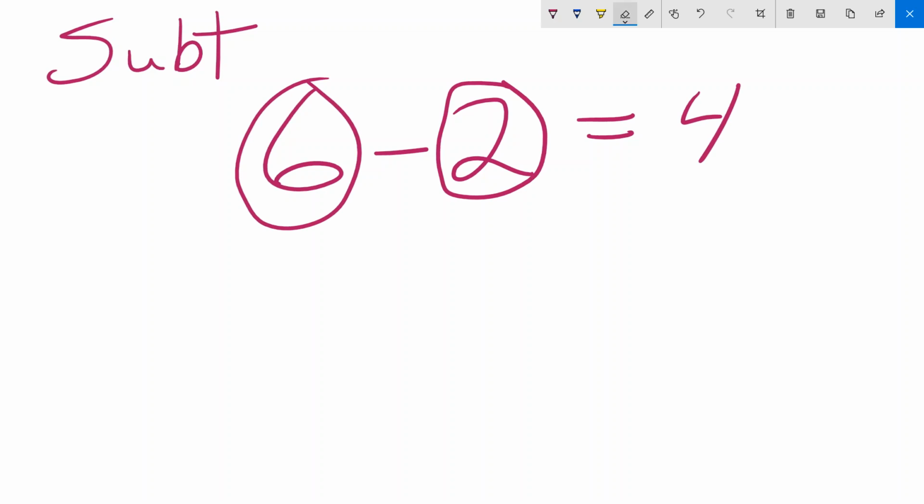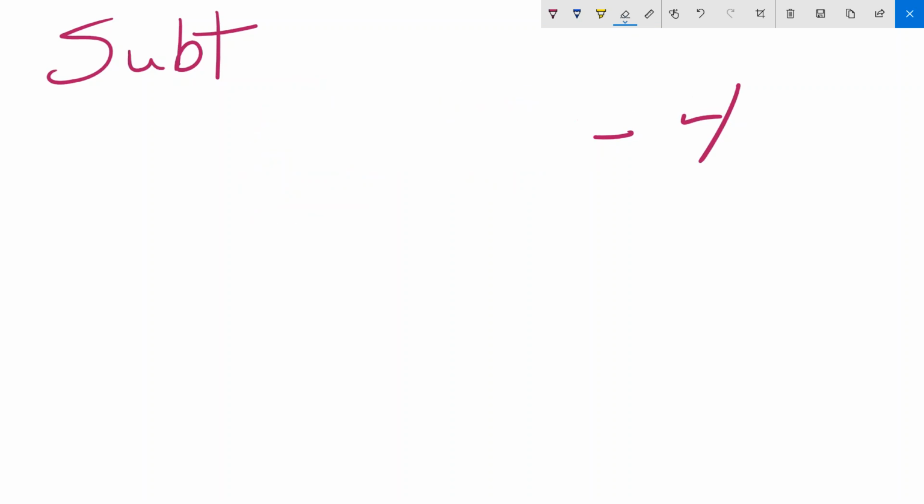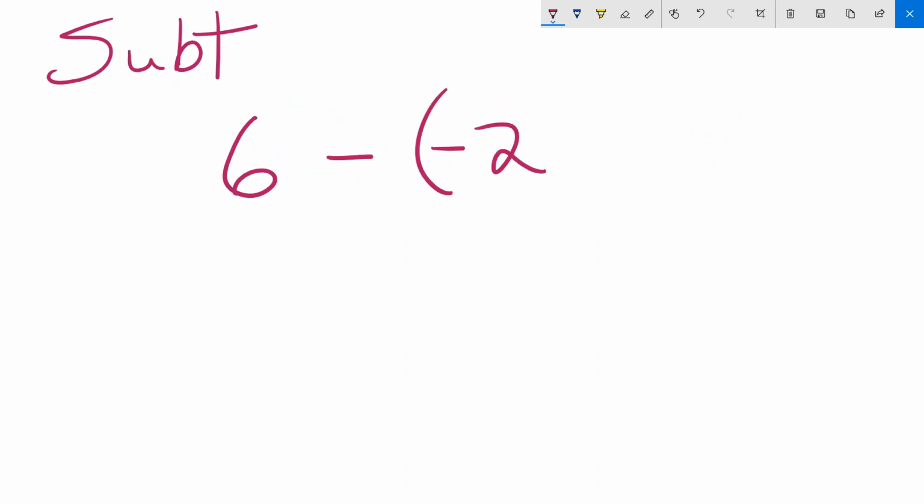The moment there is a negative number involved, then I want you to do it as an addition problem. For example, that is a subtraction problem. There's your subtraction sign, and it's got a negative number right there. So this I want you to do as an addition problem.